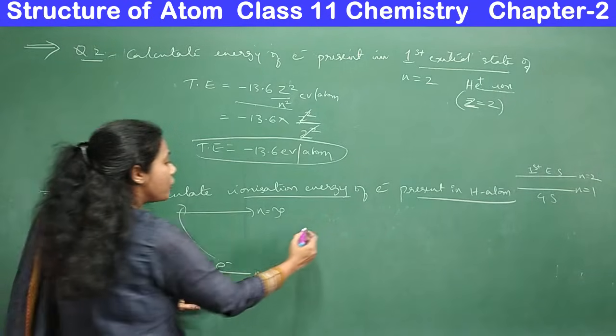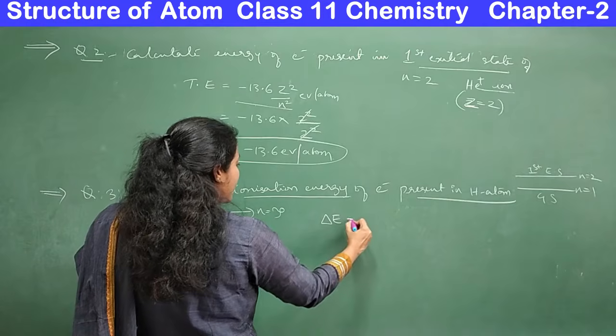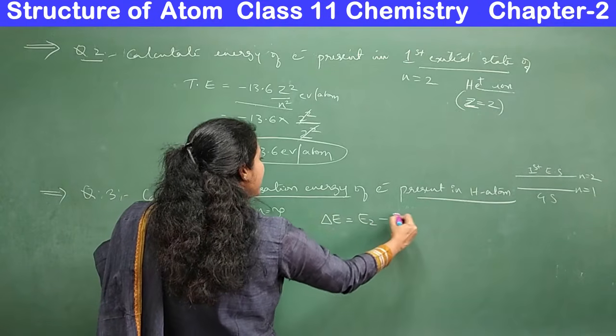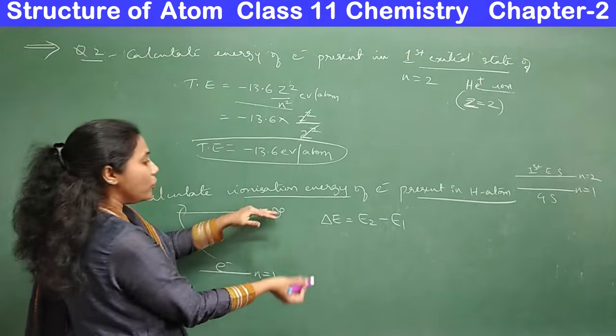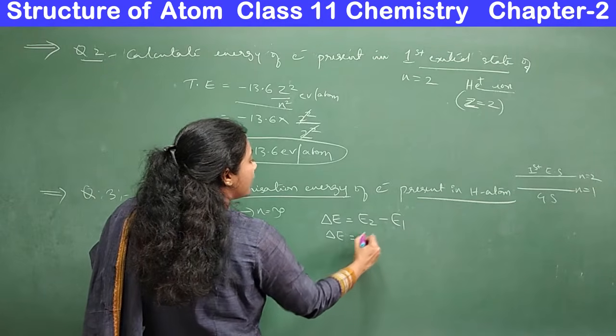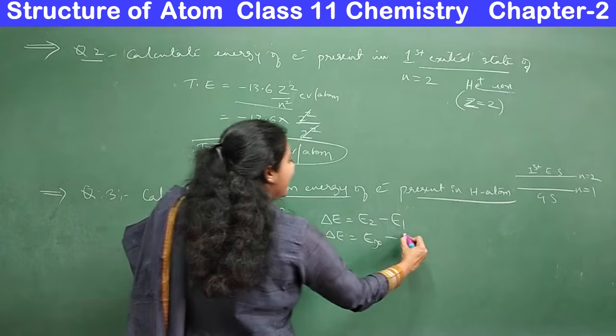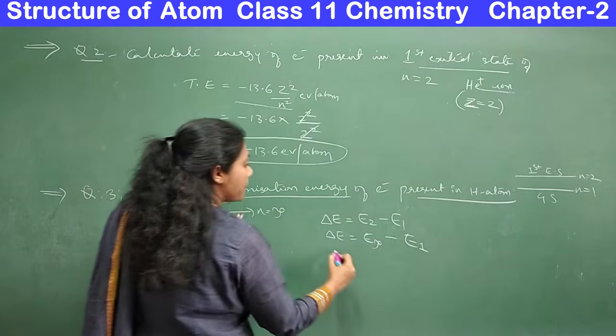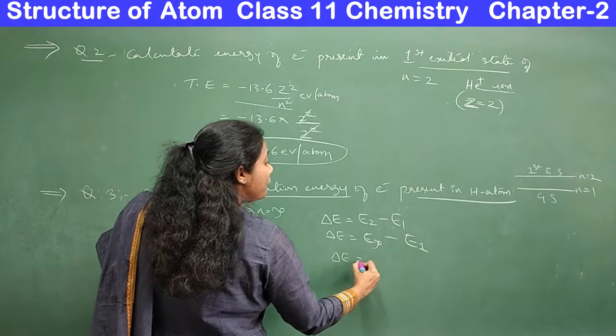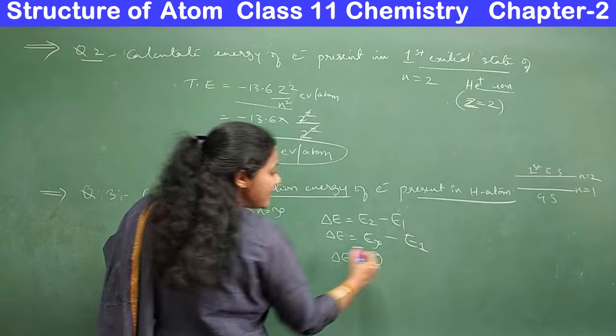Here, delta E is equal to E2 minus E1. Delta E is the energy of the infinity level minus the energy of the first level. And the energy of the infinity level is always 0.